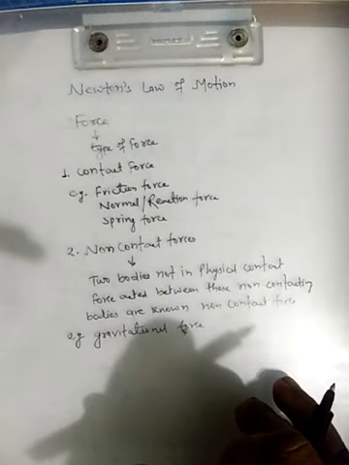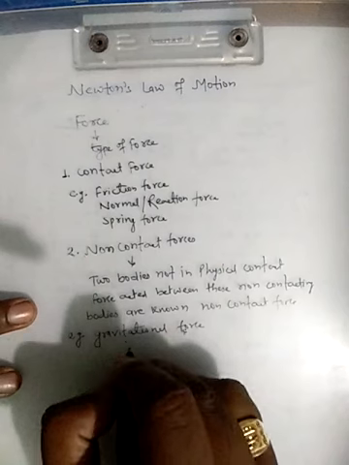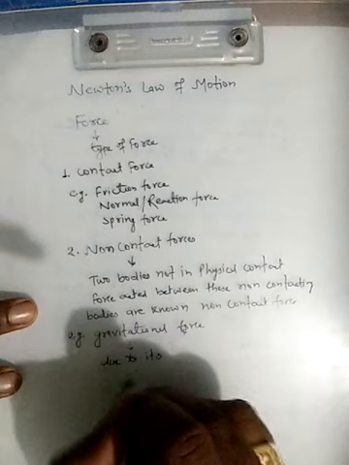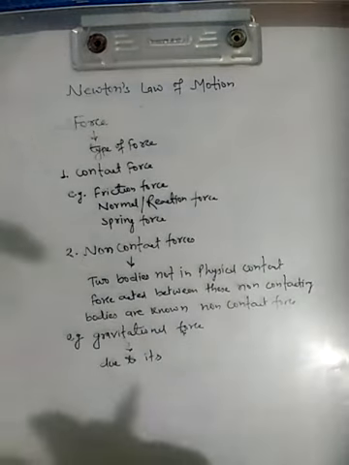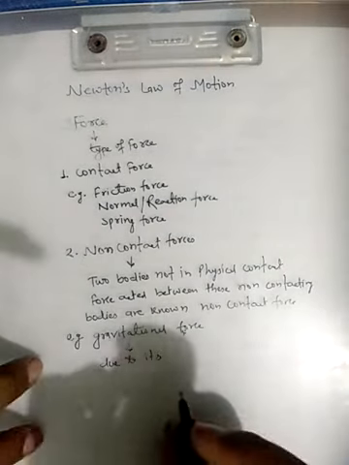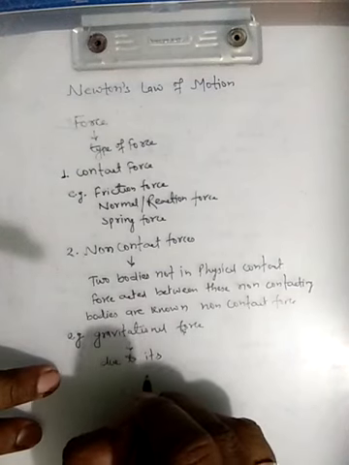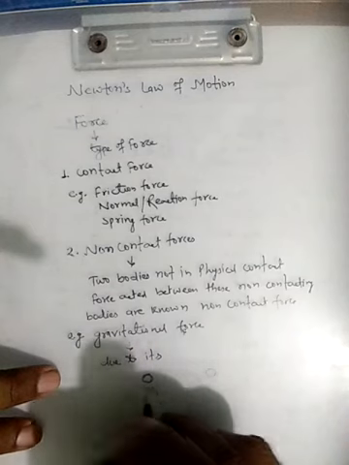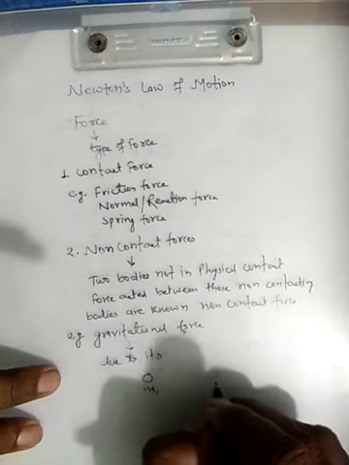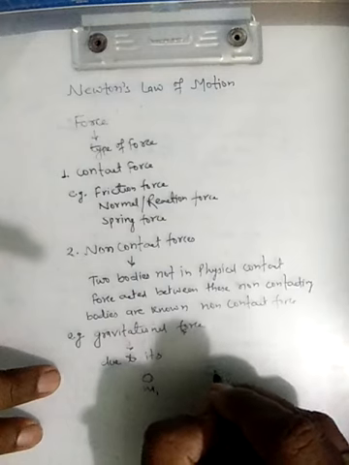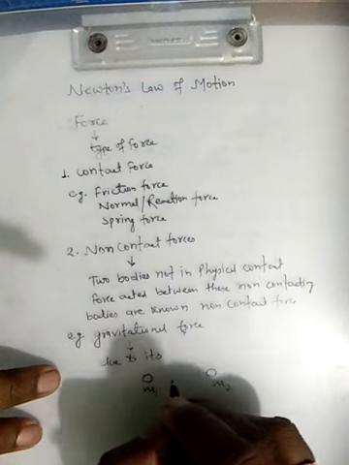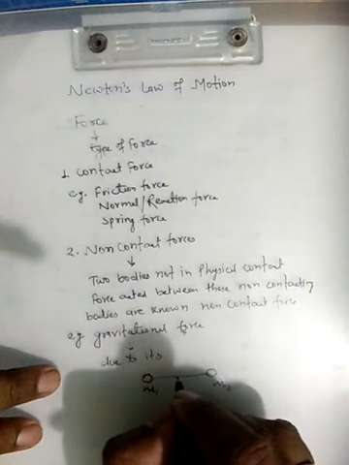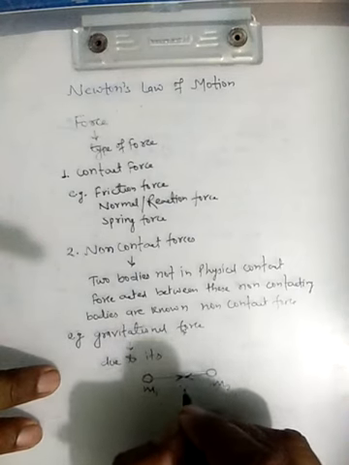Every object in the universe, due to its mass, always has an attractive force between it and another body. If these two bodies have masses m1 and m2, then there is always a force acting between them.